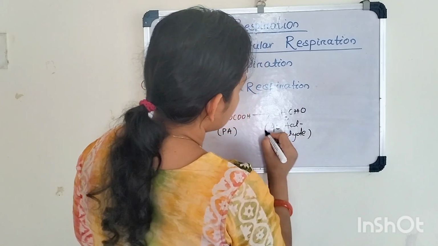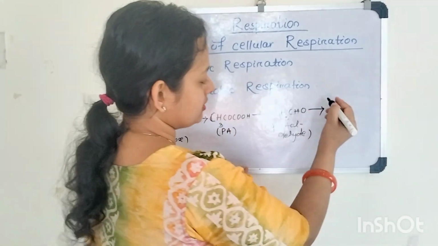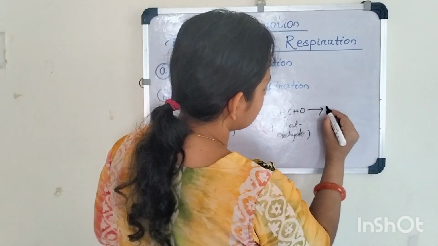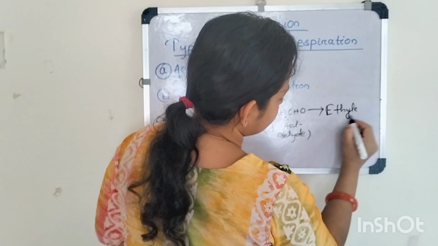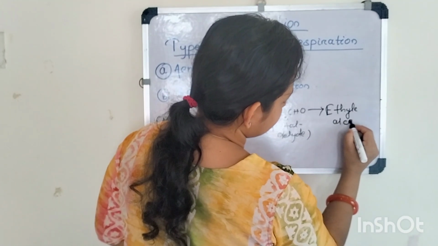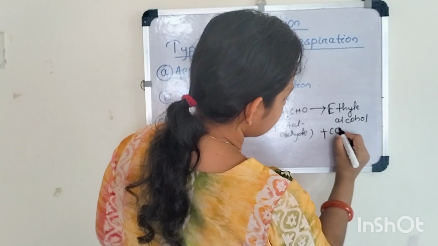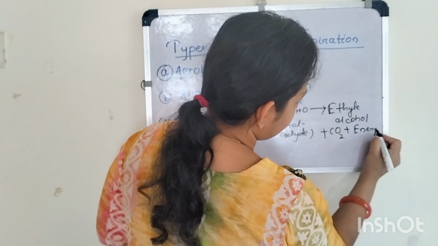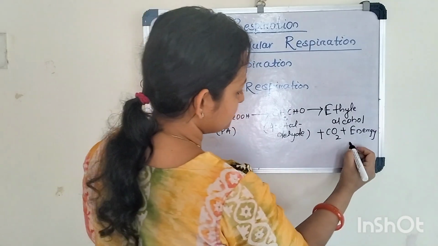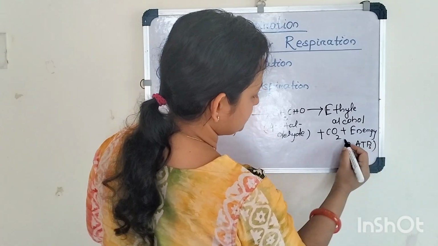Acetaldehyde. After formation of acetaldehyde, it will undergo breakdown and form ethyl alcohol, with the release of carbon dioxide and energy. And here the energy is 2 molecules of ATP.